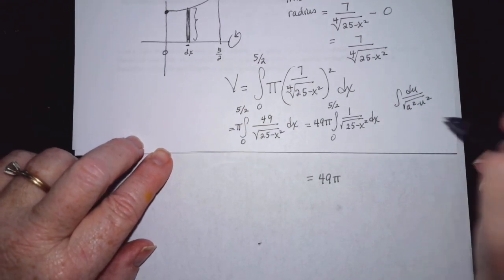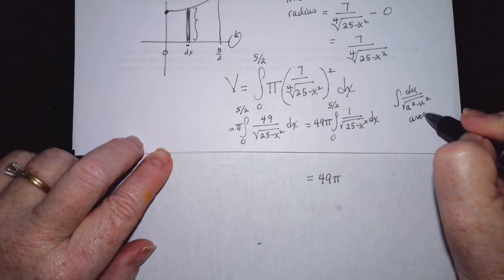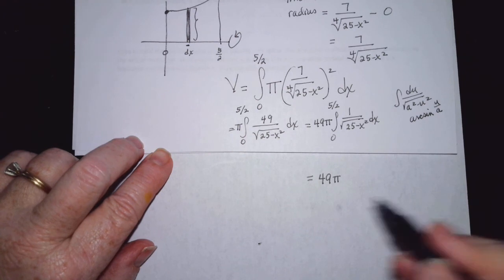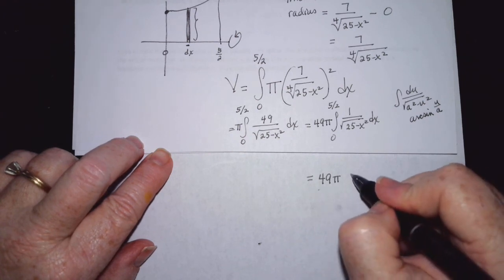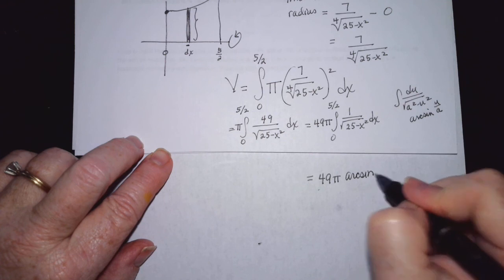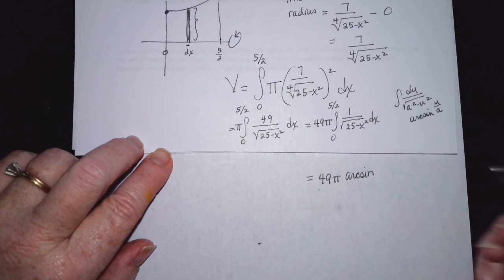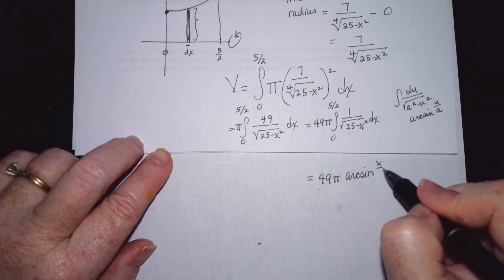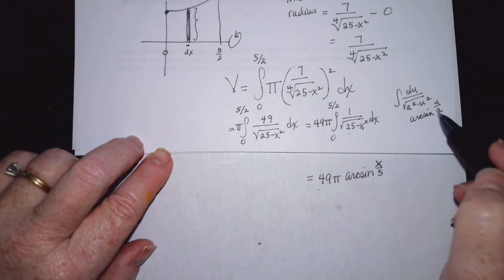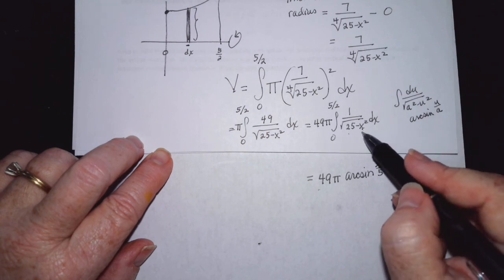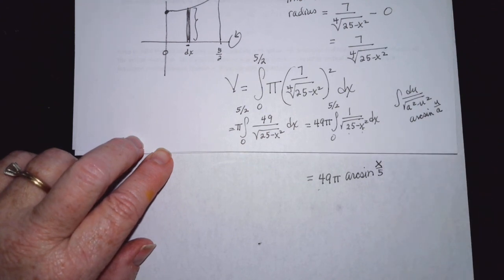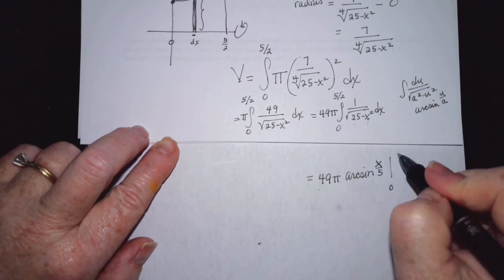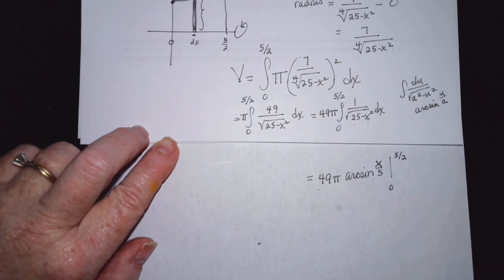So that would be arc sine of u over a. So that would be 49 pi times the arc sine, or you could write it as the sine inverse if you prefer, but it's the arc sine of x over 5 in this case. I didn't actually switch it to a u because it was just x squared, so I didn't have to go that far. But we'd have the arc sine of x over 5 from 0 to 5 halves.